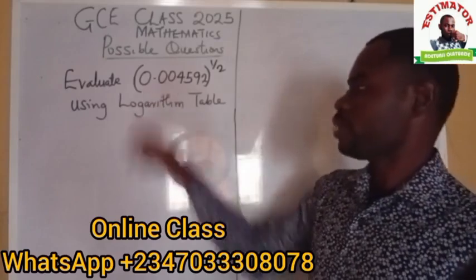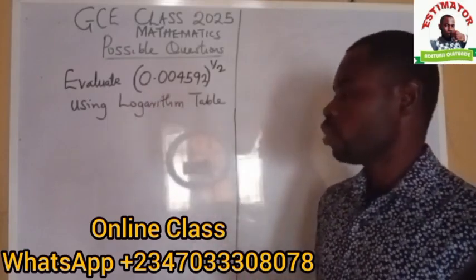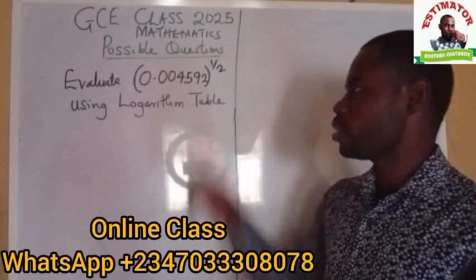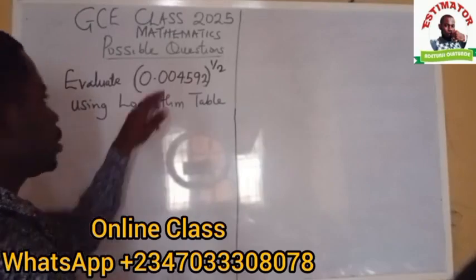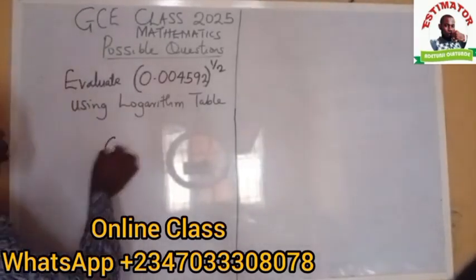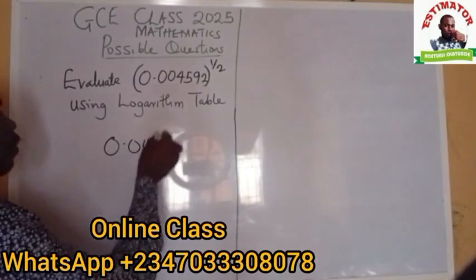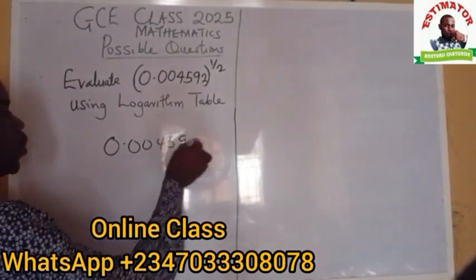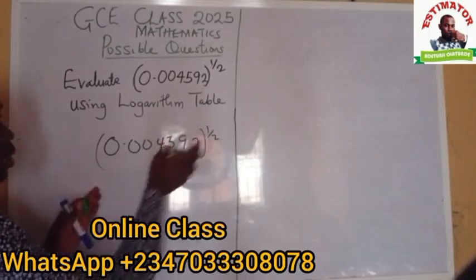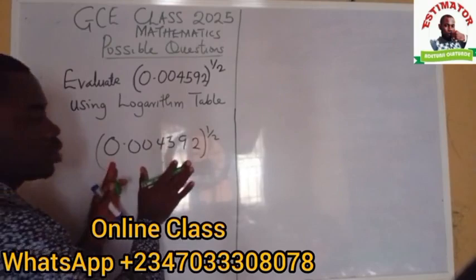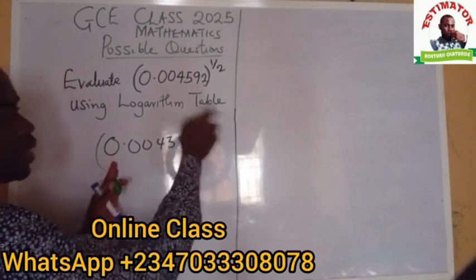Alright, without wasting time now, in this video I don't want it to be long, so I want to do it in a shorter way. Like I told us in the previous video, this number 0.004592 raised to a fraction means that whenever you find the logarithm value, you want to multiply by the fraction.